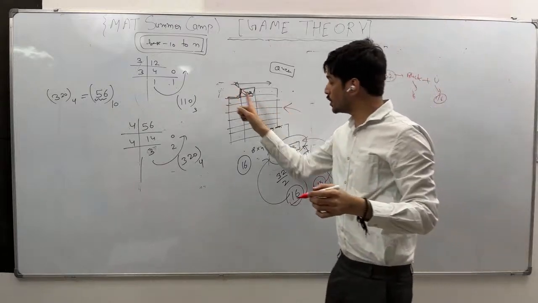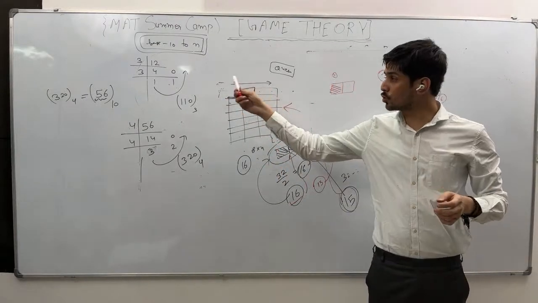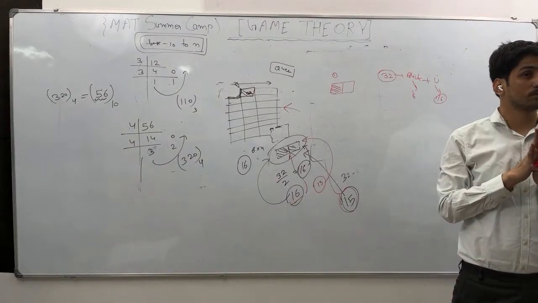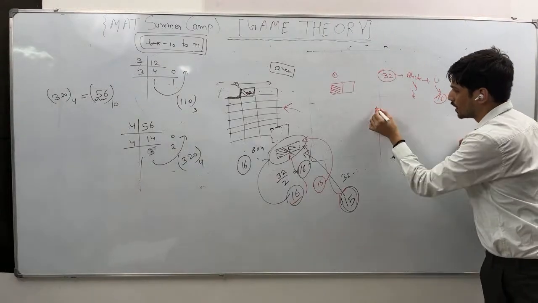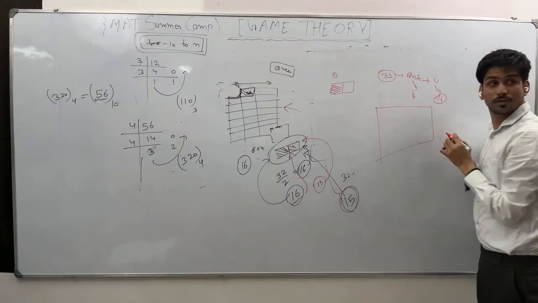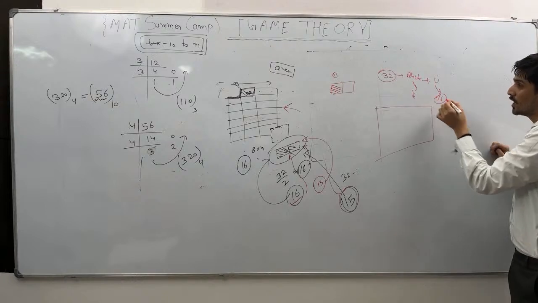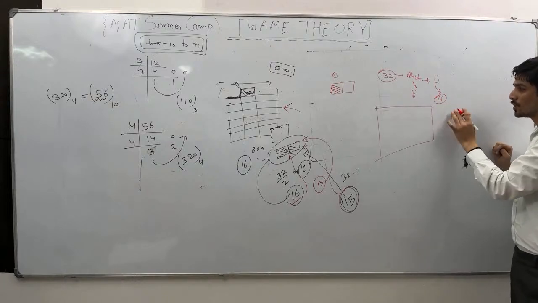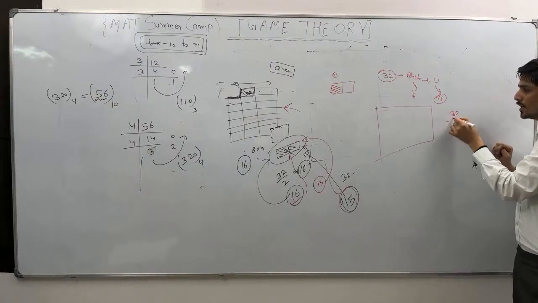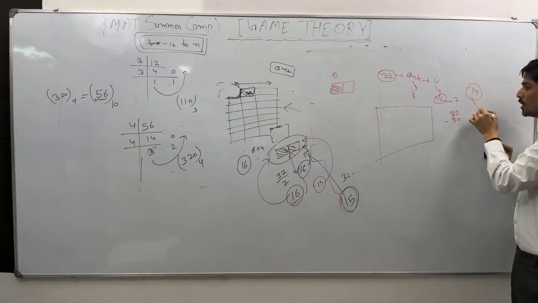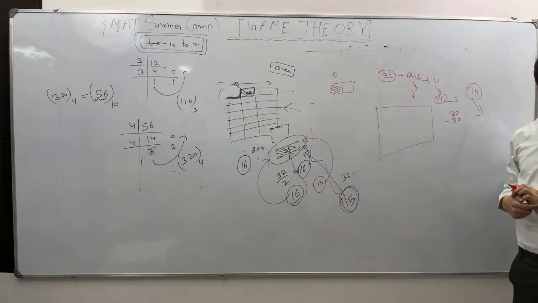When we are removing these two corners, do you think these two corner squares will have the same color? You see, let me draw. Both will have the same color. If I am removing the same color squares, then I am left with 30. It means white, I am removing 2, so white is 14 only, and black is 16.